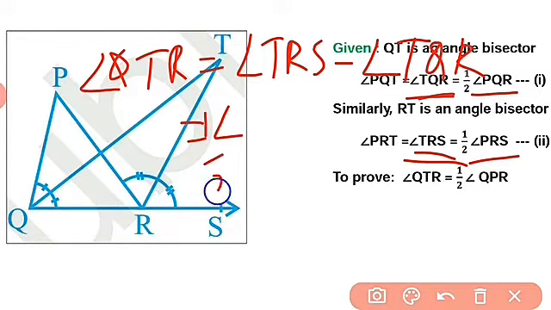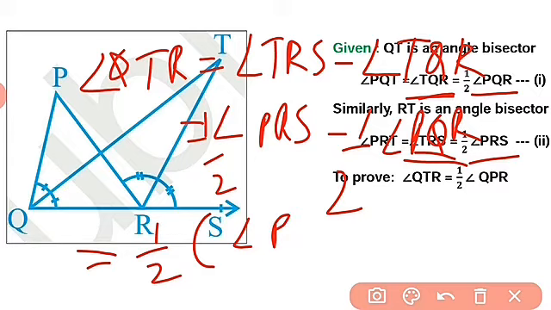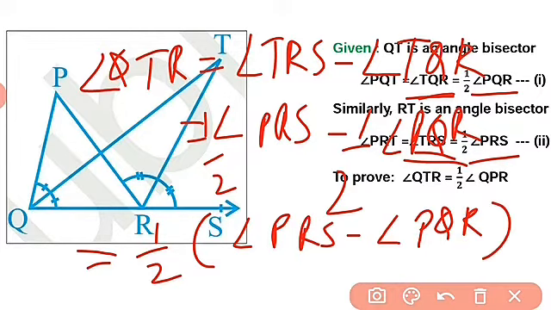It is equal to half of angle PRS. And what is angle TQR? It is equal to half of angle PQR. So taking half common, we are left with angle PRS minus angle PQR. But we know that angle PRS minus angle PQR is equal to angle QPR.